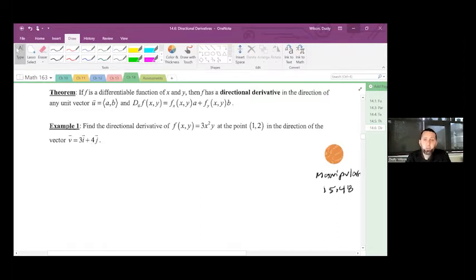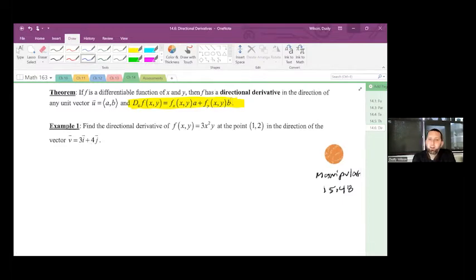And the directional derivative of f in the direction of u at x, y is the partial derivative of f with respect to x at x, y times a plus the partial derivative of f with respect to y at x, y times b. So here's our key formula that's worth memorizing, or at least understanding.